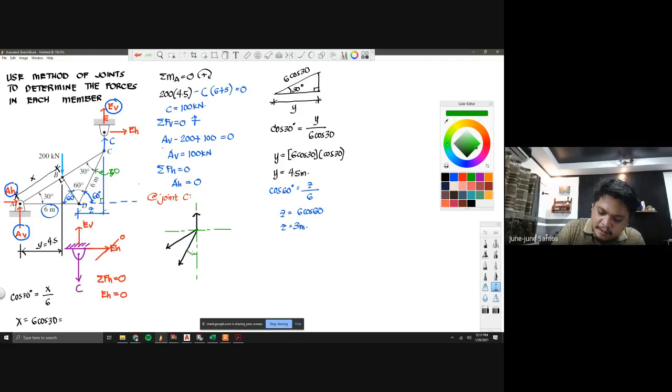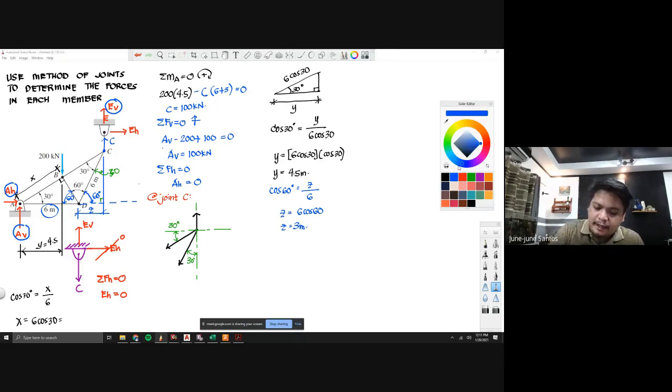So, this one is 30 degrees, and then this one is 60 degrees. This one is also 30 degrees.